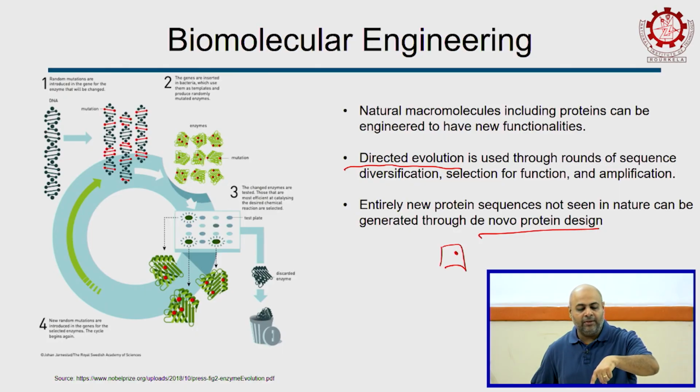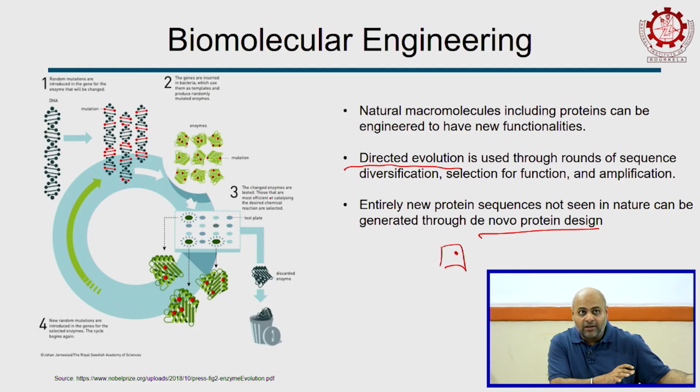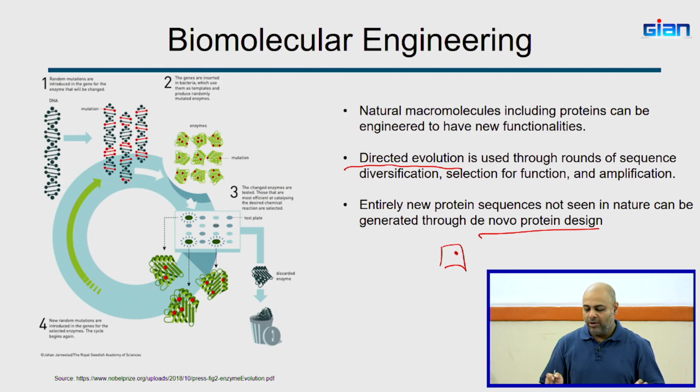And then you would be able to identify these mutations. Now you keep on doing that, and then you see the changed enzymes are tested. Those that are more efficient at catalyzing a specific desired chemical reaction are the ones, or the mutations involved in that. So what you have done is, it's not just one DNA that you made the change to, you have multiple DNAs, right?